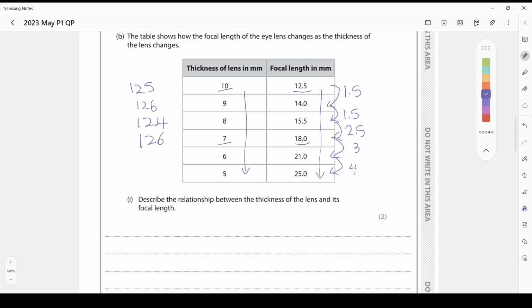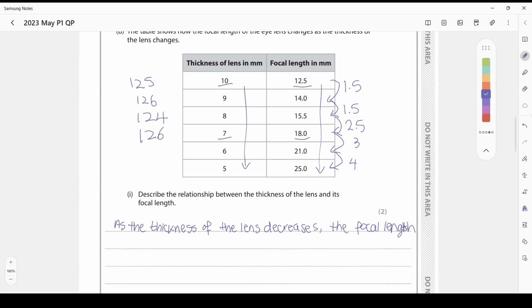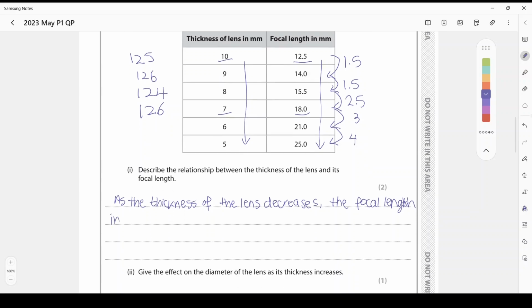I'll just write down the first 2 points that I mentioned earlier. So as the thickness of the lens decreases, the focal length increases.